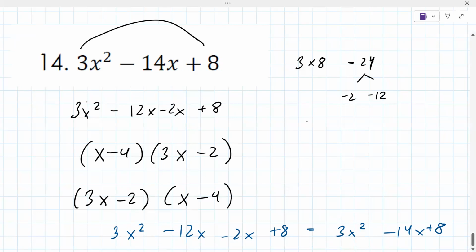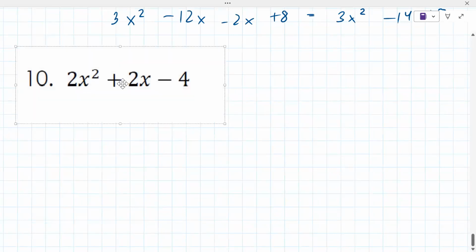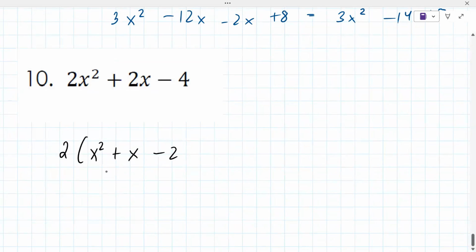Okay, let's quickly look at a problem like 10, which is kind of different. We don't have a ton of time here, so I'll just quickly run through a few of these. This one has the appearance of the ones that we've been doing, but the 2 in front of the x squared goes into everything. And when you factor it out, you always factor out a GCF first.